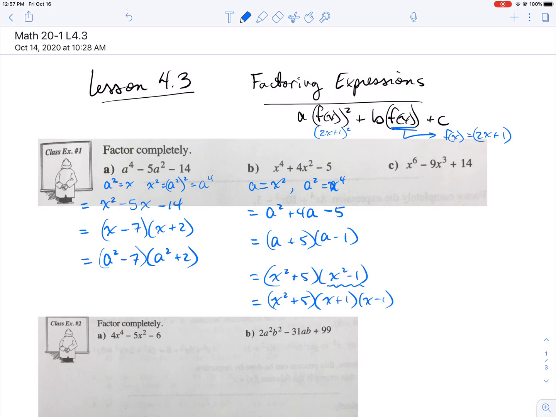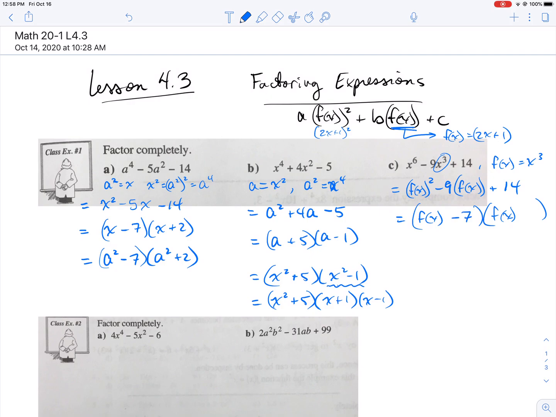Here, I'm just going to do this right away. I see that my variable-ish thing, my function, is x cubed, right? So I'm just going to rewrite this as f of x squared minus 9f of x plus 14, just to play with a little bit of this. So if I say f of x is x cubed, and then what multiplies to get 14?